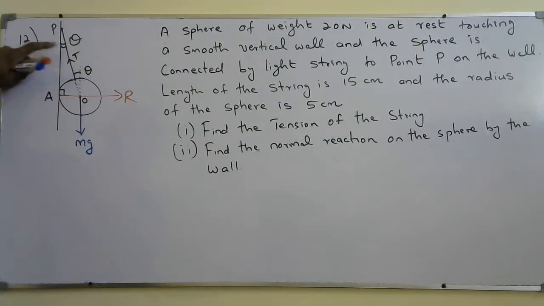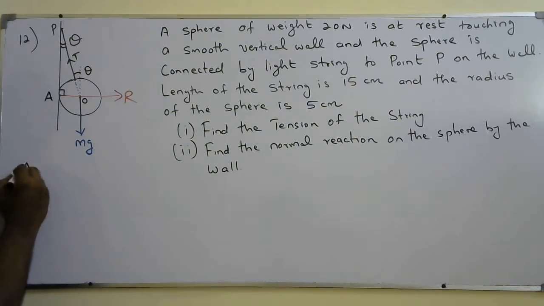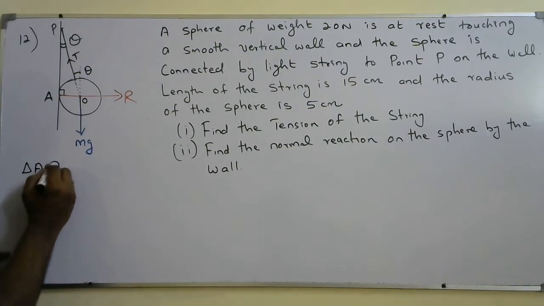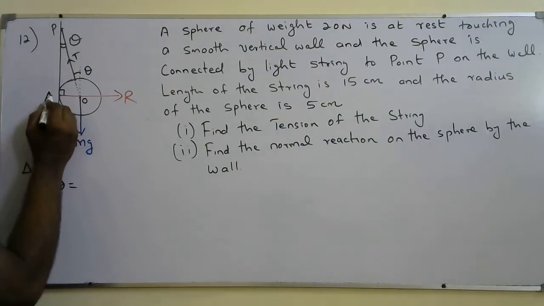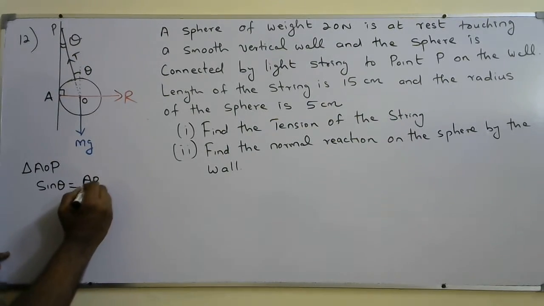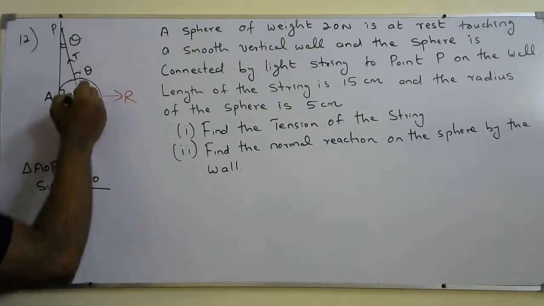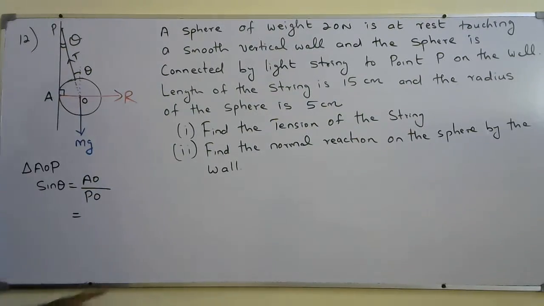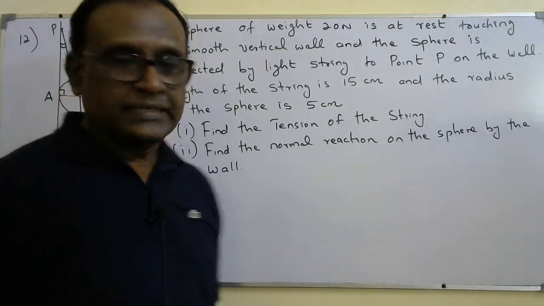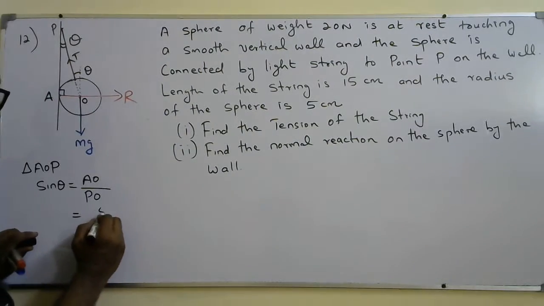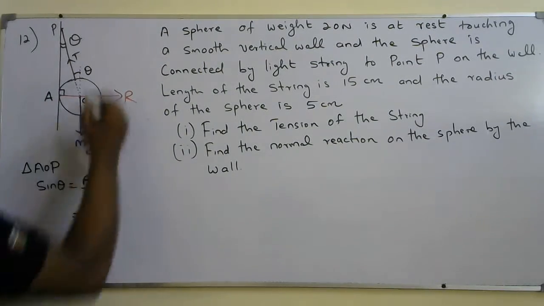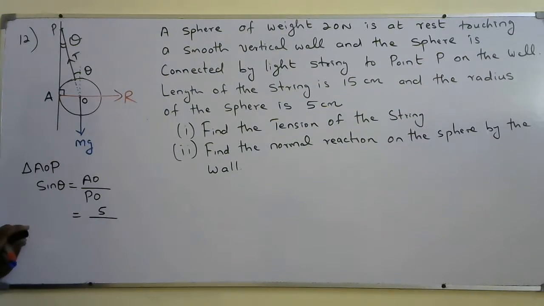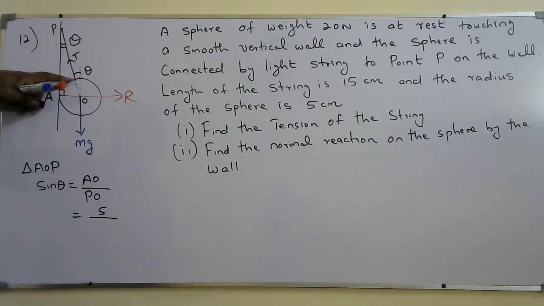How can I find this theta? In the triangle AOP, sine theta equals opposite AO over PO. AO is the radius, 5 centimeter, so 5 over PO. How much should PO be?